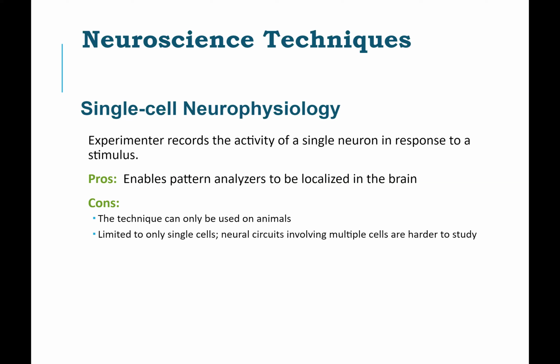Or there are newer technologies like neuropixels that have one electrode with many tips, and you could record from a couple of hundred units at once. But it's a snapshot of a very small part of the brain, and in that way, it's limited. But you could get a really nice signal from that part of the brain.